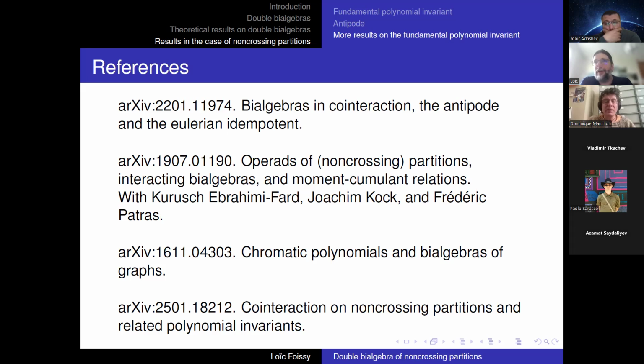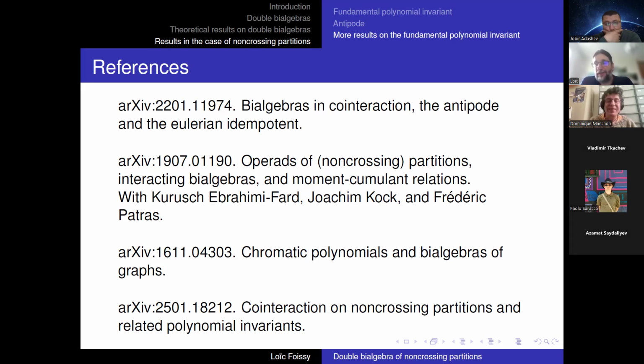Okay. But I think there is something related to classical independence with a Hopf algebra of all partitions, including the crossing ones, and a structure like this. It's probably less interesting because, well, for classical probabilities, the formulas are easier than for non-crossing for free probabilities. I'm not totally sure.